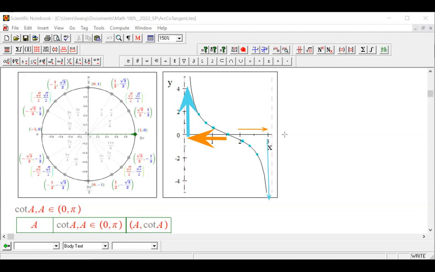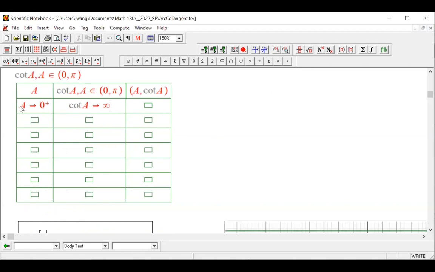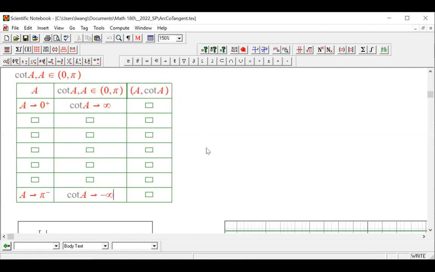So we're going to record what we just said. When the angle approaches zero from larger than zero, the cotangent ratio approaches positive infinity. When the angle approaches pi from smaller than pi, the cotangent of the angle approaches negative infinity.